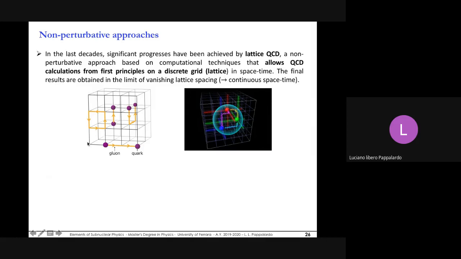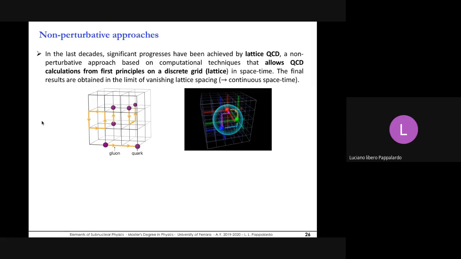So essentially, the technique is the following. Instead of having a continuous space-time, you discretize your space-time into these kinds of four-dimensional grids, where each row is a gluon and each node is a quark, essentially.